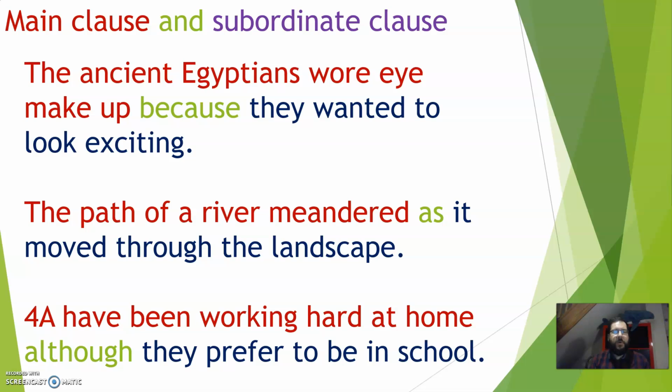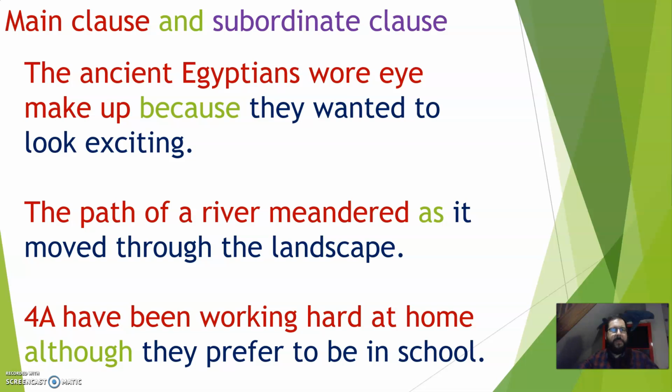Again, 4A have been working hard at home is the main clause and makes sense on its own, and contains a subject to the sentence, which is 4A. They prefer to be in school doesn't make sense on its own, but when joined to the main clause does, and this time we're using the although, which is the in spite conjunction. So you can see there how the subordinating conjunctions, because, as, and although, are used to join the main clause, which makes sense on its own and contains a subject to the sentence, with a subordinate clause, which is a clause but doesn't make sense on its own, but when added to the main clause adds extra information.